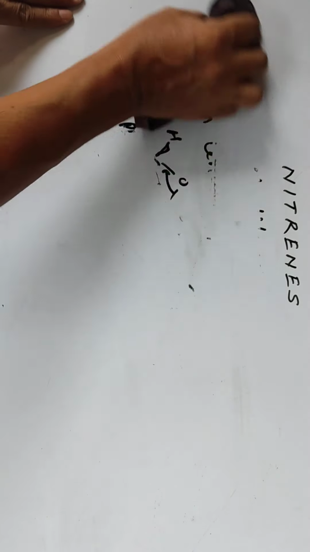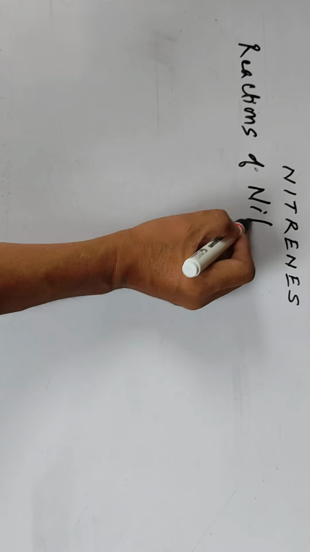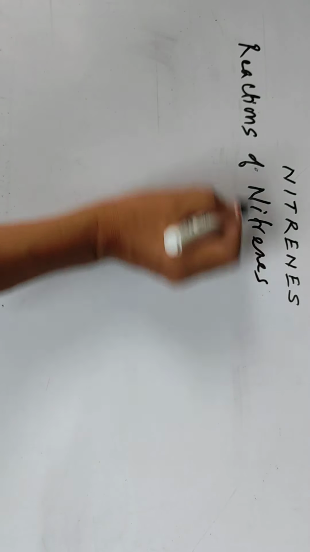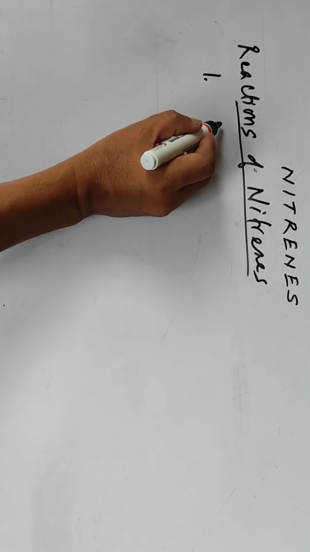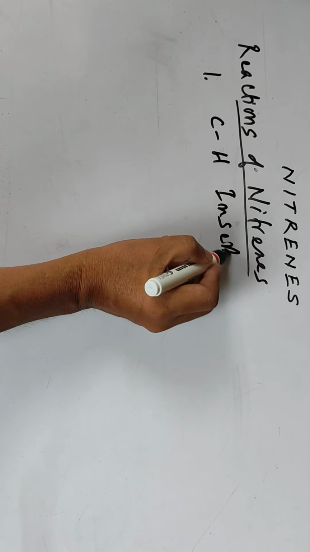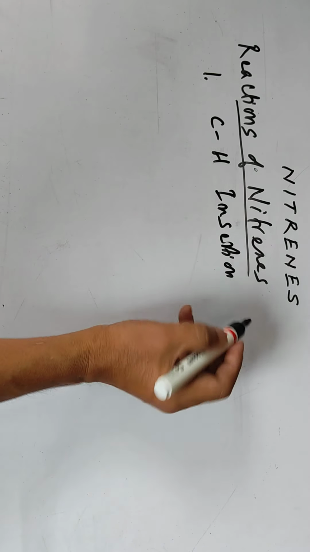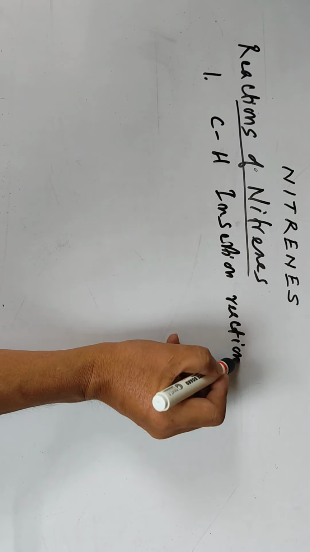Now let us come to the reactions of nitrogens. Similar to carbons, nitrogen can also undergo many reactions. First, let us discuss CH insertion reactions. This nitrogen can be inserted between CH bonds.